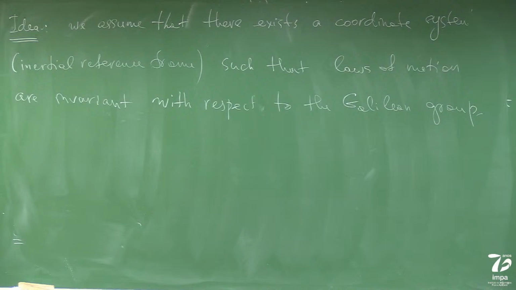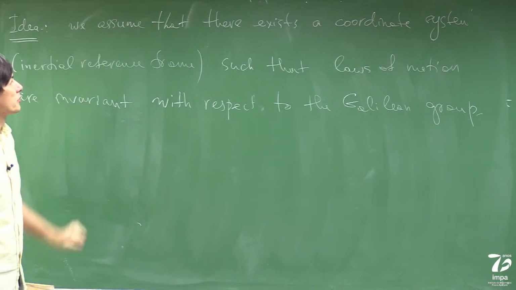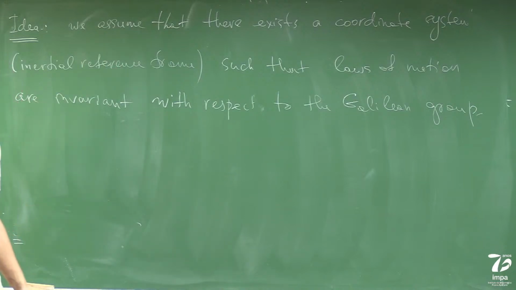So all equations of motion are invariant, and will not change under all these transformations. And this is purely a symmetry statement. So we don't say what the system is. We just say that it's the system in a properly chosen coordinate system. It will not change under elements of the group.